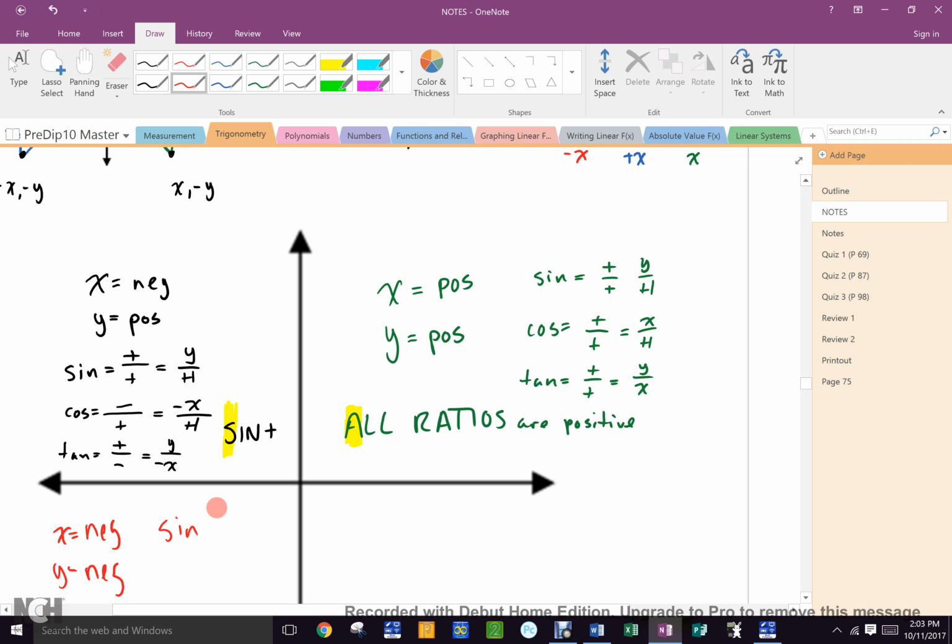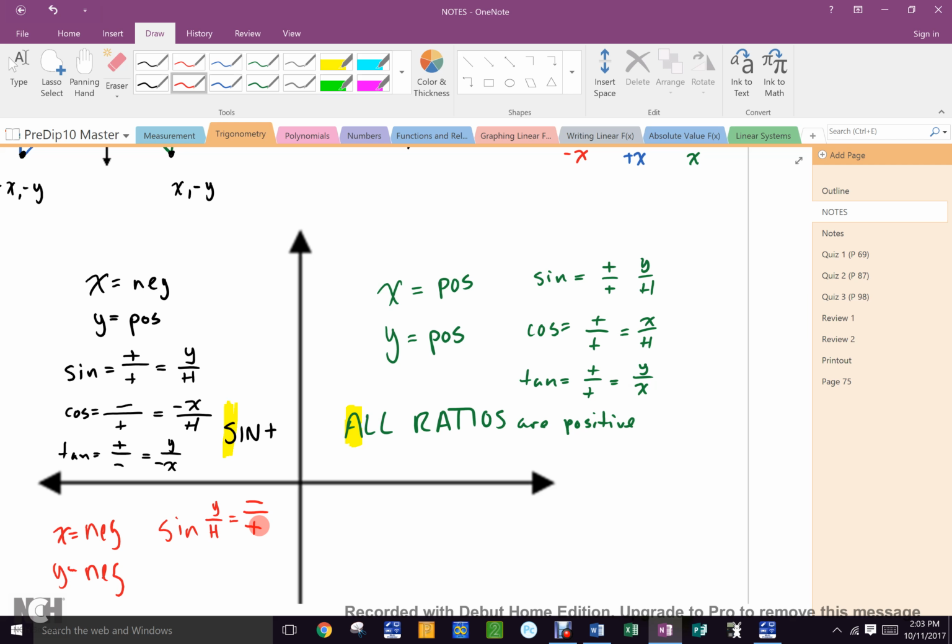Y over hypotenuse. Since y is negative, that is negative over, what are hypotenuses? Why are all hypotenuses positive? Blake, when you square a negative number, you get a positive number. So you cannot have a negative hypotenuse.